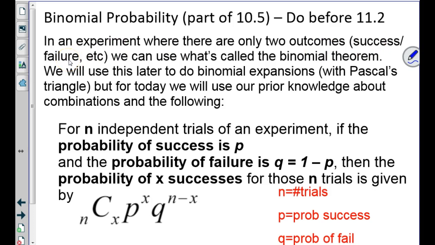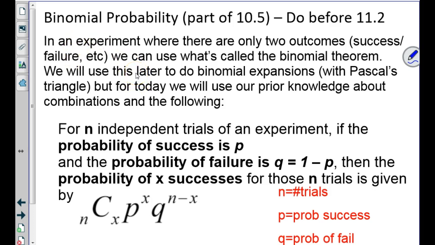Now 2 outcomes sounds like, for example, a multiple choice question wouldn't work because there's 5 or 4 different choices. But when you're looking at it as I either got it right or wrong, there's 2 different outcomes, okay?